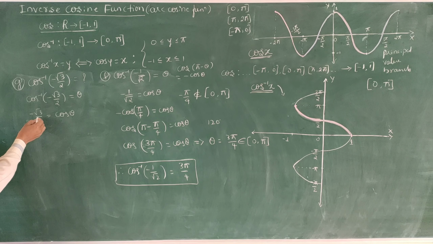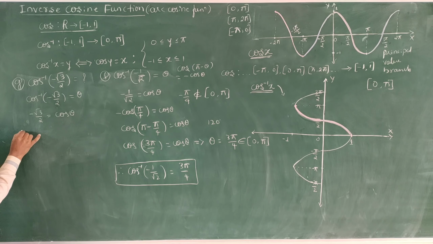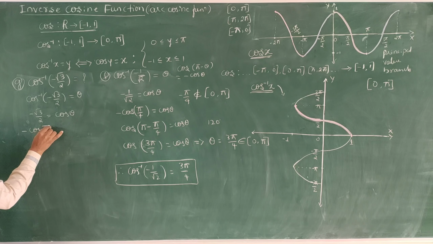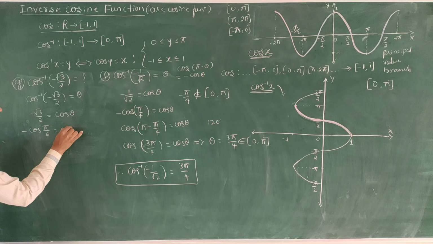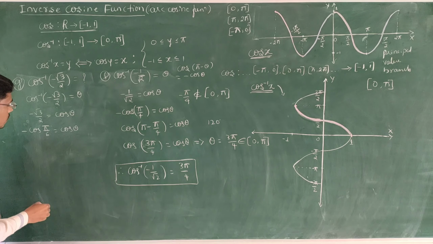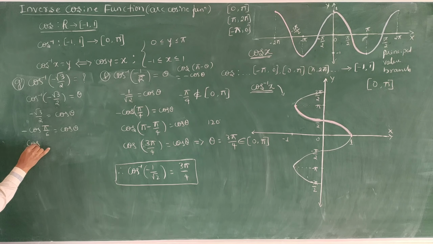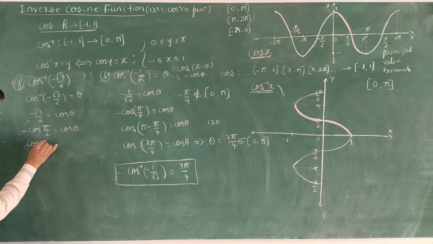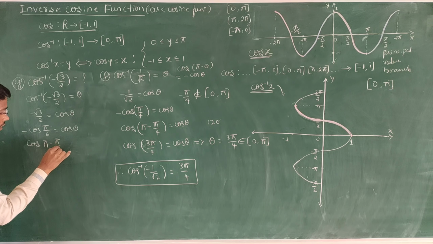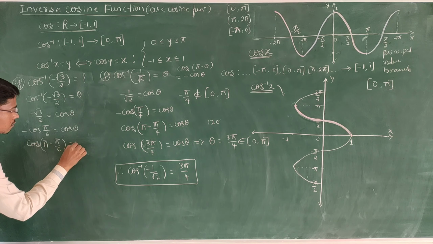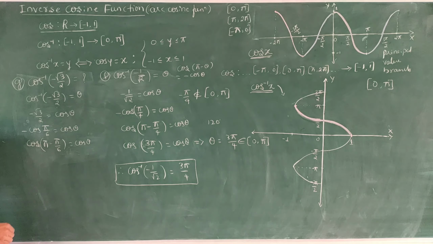Okay, so when cos is root 3 by 2, it is pi by 6, 30 degrees, so minus cos pi divided by 6 is equal to cos theta, right. Then take minus inside, that is in the second quadrant, that becomes pi minus pi by 6 is equal to cos theta, right?